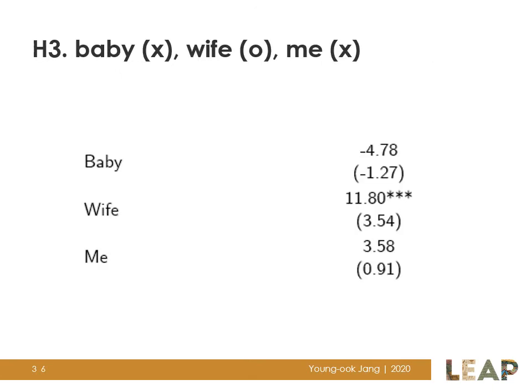And in terms of the people who are in the photos, baby was not very significant, and wife was significant, and myself is not significant from the results. I thought having the baby in the photos might have a negative impact on the number of likes, and the sign is negative, but the problem is there is no star, right?